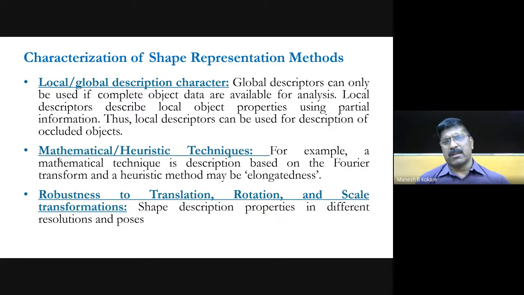Another thing is scale invariance: whether the object is small or large, if it is of the same category, your shape property should be the same. If your shape method is robust to translation, rotation, and scale, then that technique is supposed to be a good technique for shape representation.